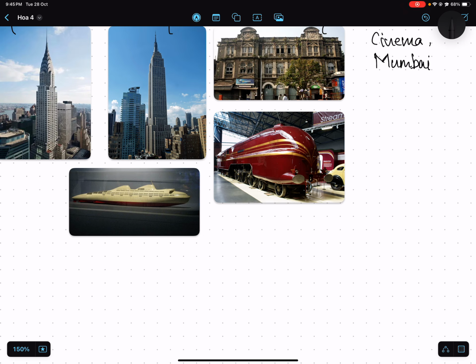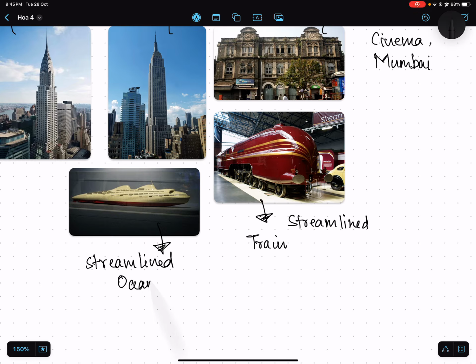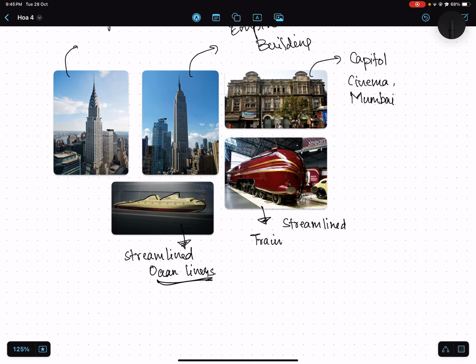Then these are streamlined trains and streamlined ocean liners. Ocean liners are nothing but ships. You can see the curves that they used a lot even here. So that is about Art Deco.